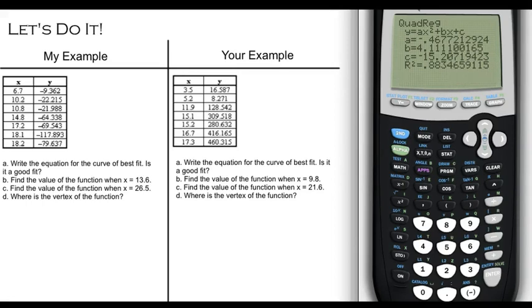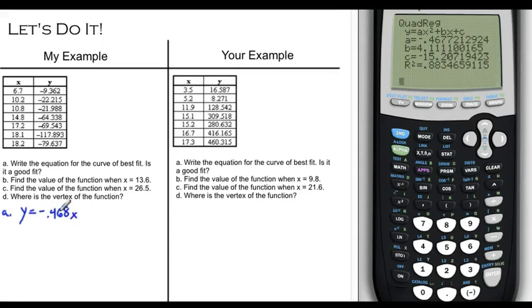I get this right here, and this tells me my equation, and you can see what form that is in. You are right, that is in standard form. Well done. And so what I can do now is come over here and say for part A, that my equation for the curve of best fit is y equals, and then a is negative 0.468.